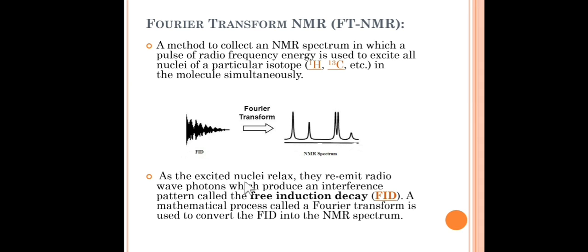What happens after this excitation and relaxation? As the excited nuclei relax, they emit radio waves, which produce an interference pattern called the free induction decay, or FID. Using a mathematical process called the Fourier transform, a computerized program converts this FID to a normal NMR spectrum. So we excite all the nuclei in the molecule at a single time to get the FID, and this FID is converted to the normal NMR spectrum using the Fourier transform.